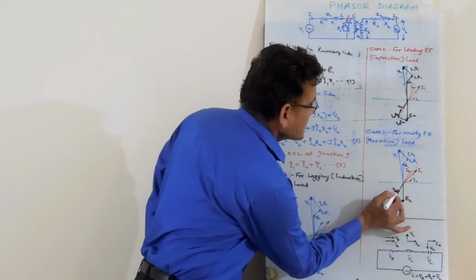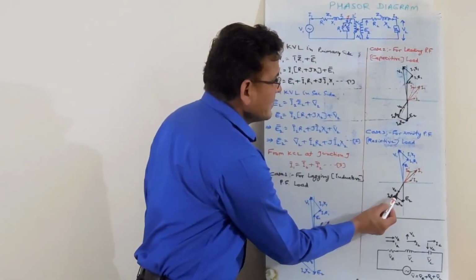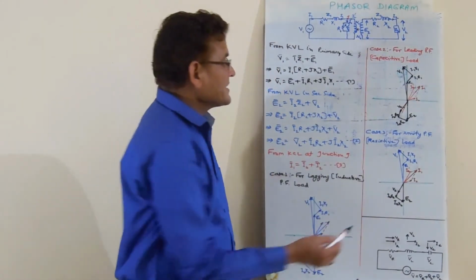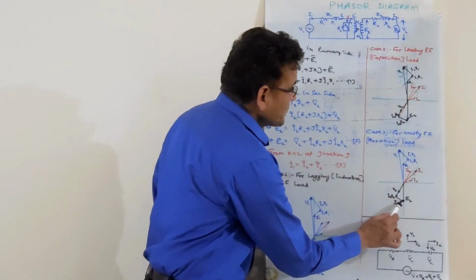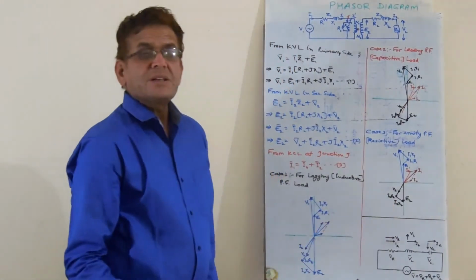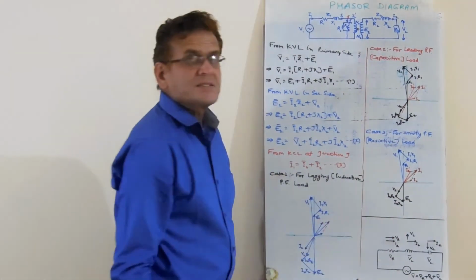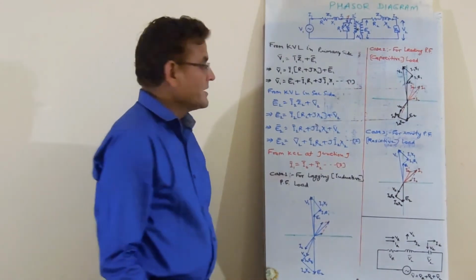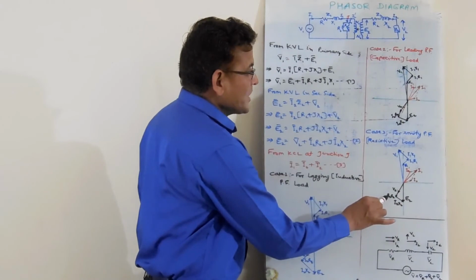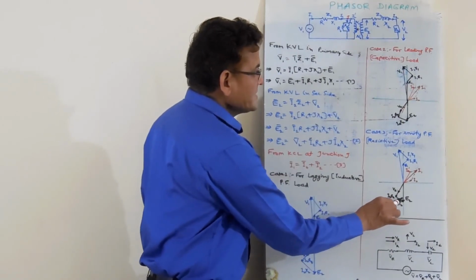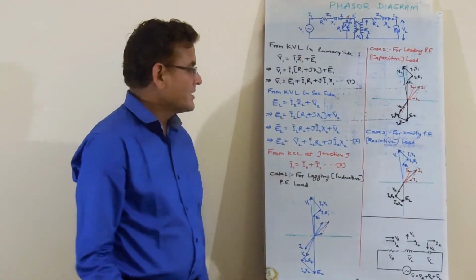So this vector shows secondary terminal voltage, plus this component, voltage drop in secondary resistance, that is in phase with current, and this component, voltage drop in secondary leakage reactance, this component I2X2 leads the secondary current by 90 degree, and the phasor sum of V2, I2R2 and I2X2 is E2, mutually induced EMF in secondary winding.